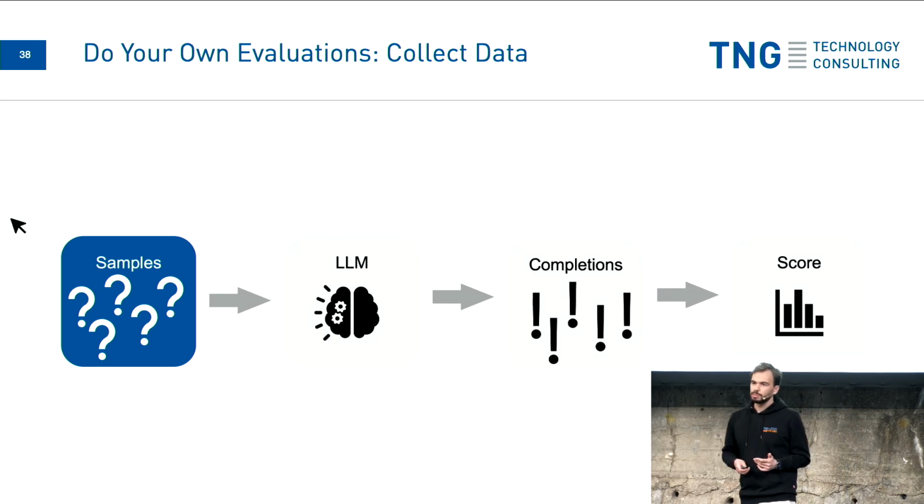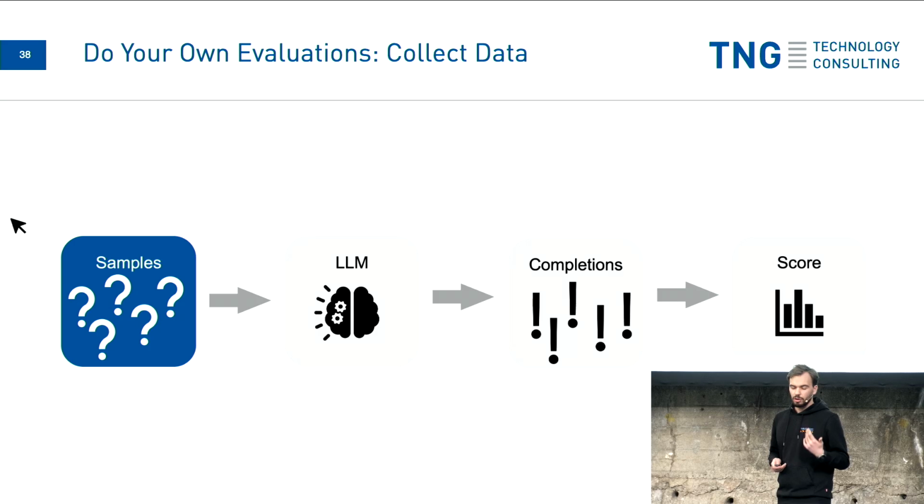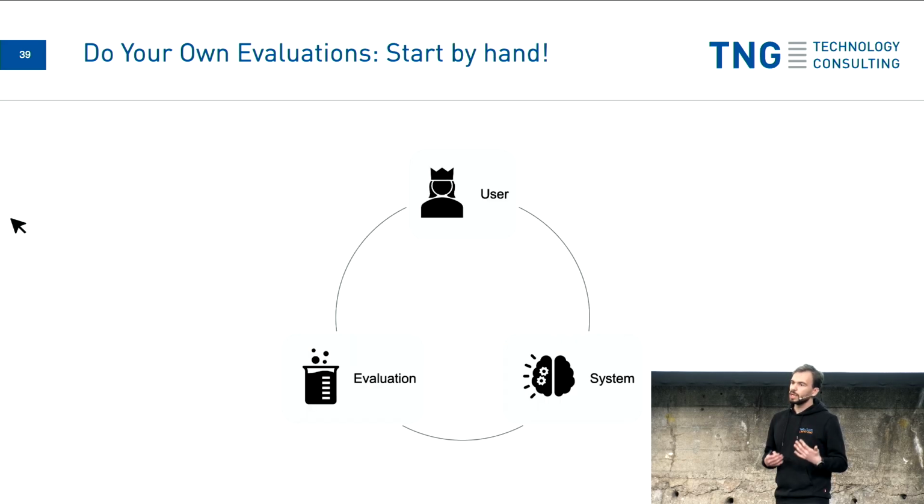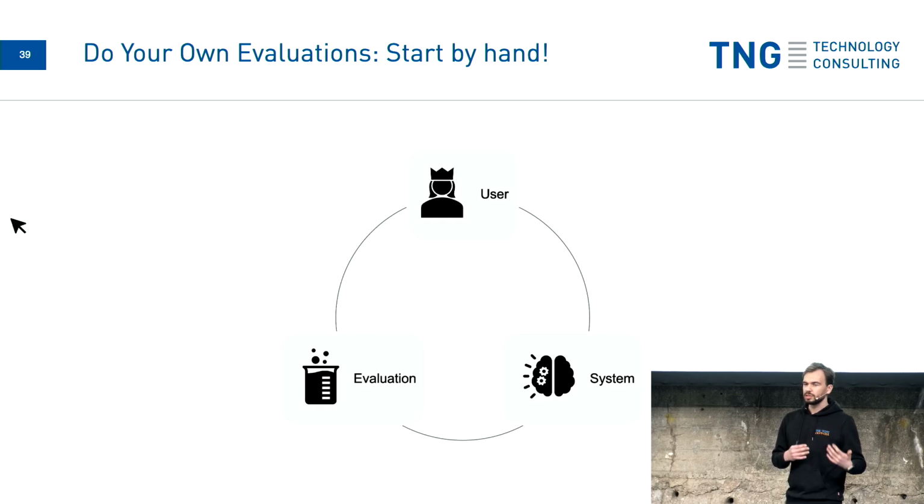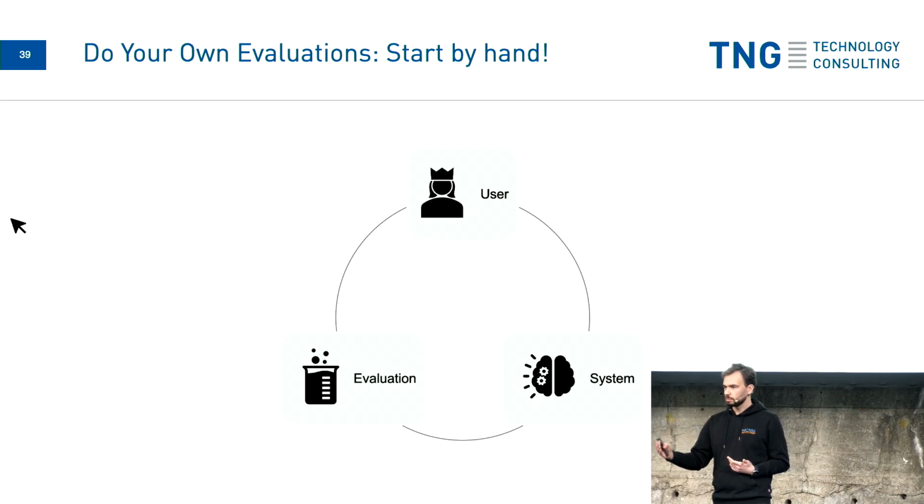Let's start with the samples. The samples or the data should always represent the way your user interacts with your system, where your LLM is applied. So what does this mean? This means if you have an agentic workflow, look at the traces of your application. How does the user interact with your system?